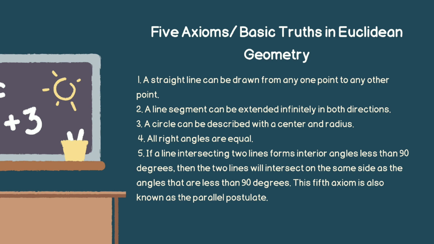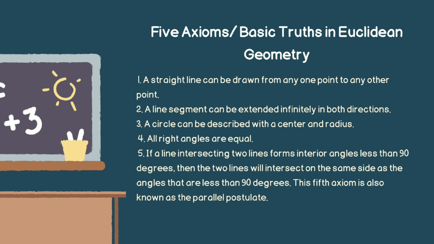So here are 5 axioms or basic truths in Euclidean geometry. Number 1, a straight line can be drawn from any one point to any other point. Number 2, a line segment can be extended indefinitely in both directions. Number 3, a circle can be described with a center and radius.